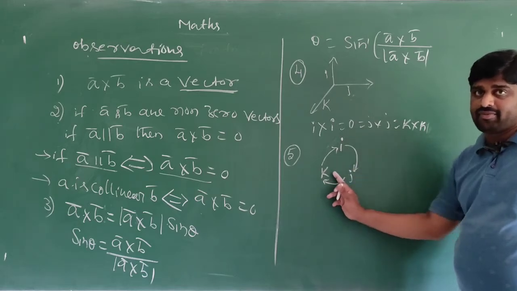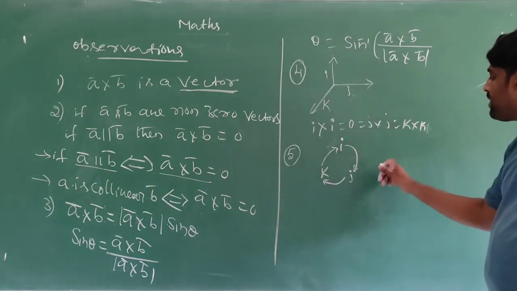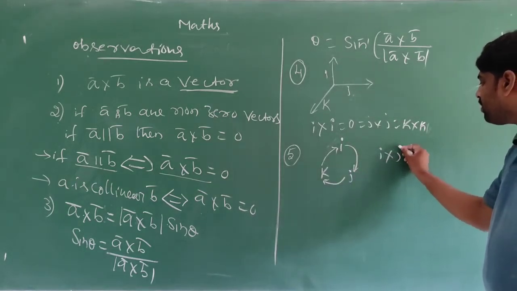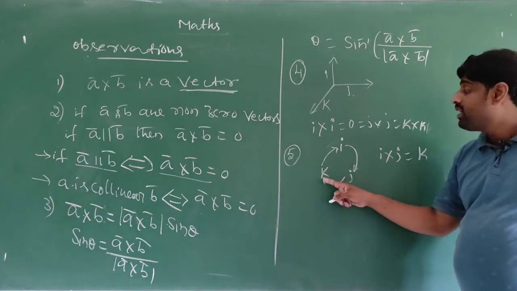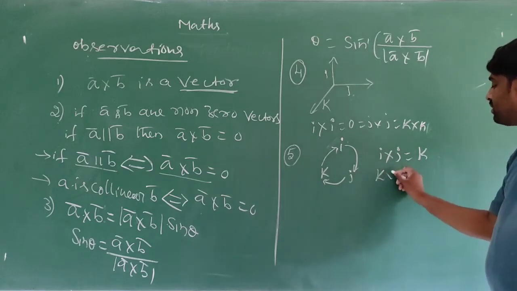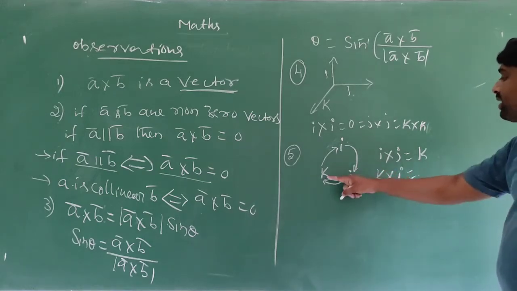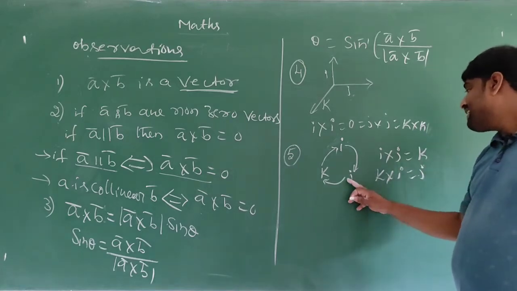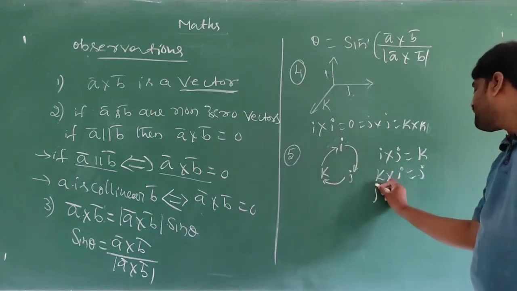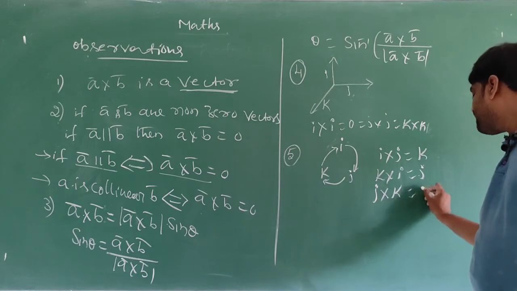Now come to i cross j: i cross j is k, k cross i is j. Next, j cross k is i.